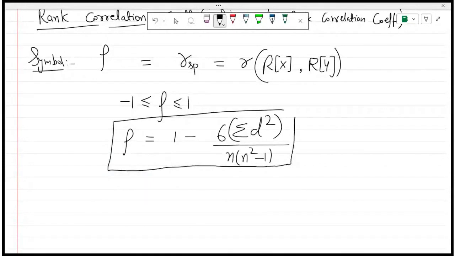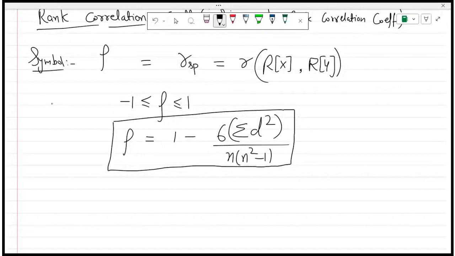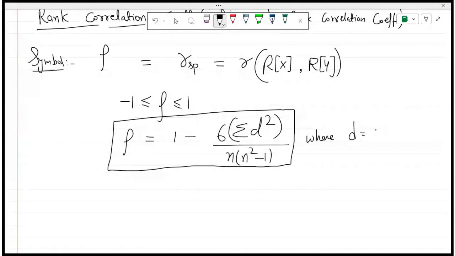N was number of pairs, how many pairs of data we have. Okay, how many values of x we have, or you can say how many values of y we have. That is n. What is d here? Where d is difference between ranks, means rank of x minus rank of y.